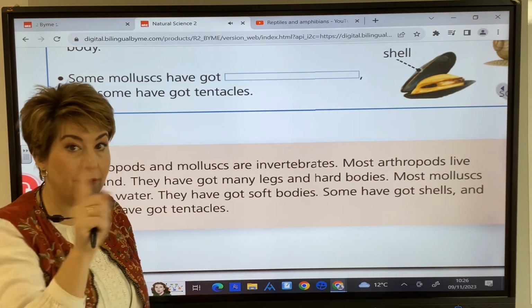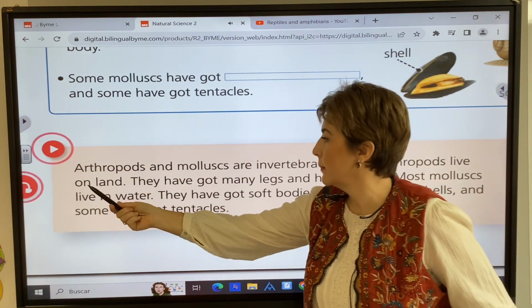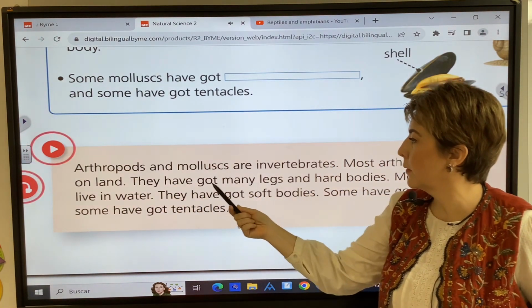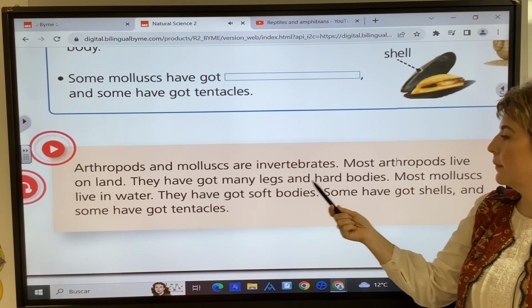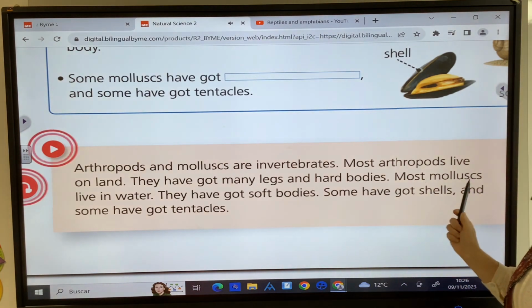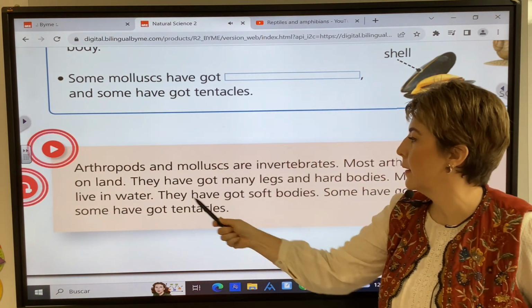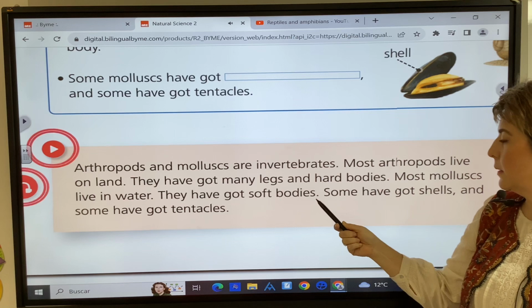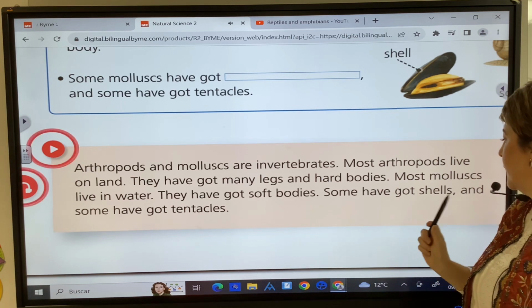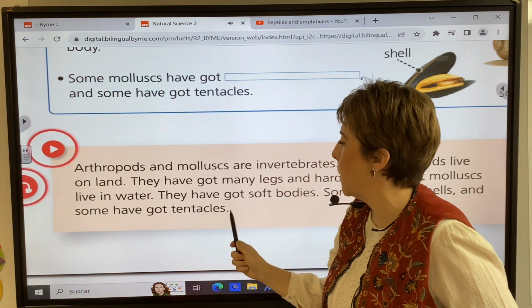So they don't have bones. Most arthropods live on land. They have got many legs and hard bodies. Most mollusks live in water. They have got soft bodies. Some have got shells, and some have got tentacles.